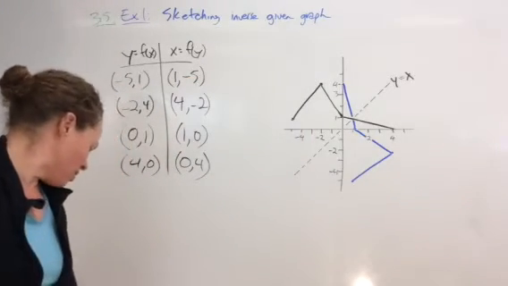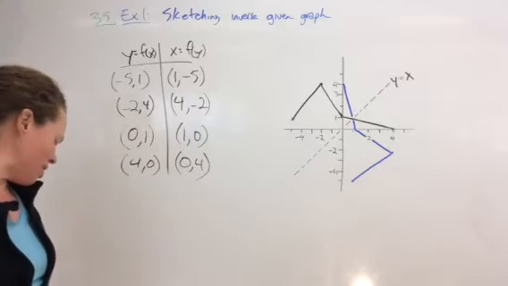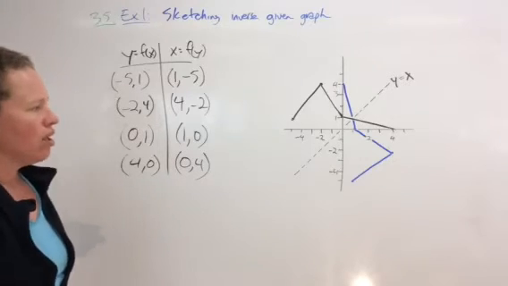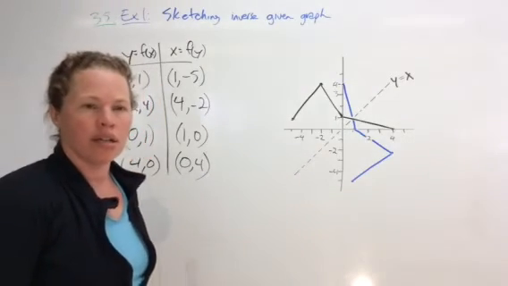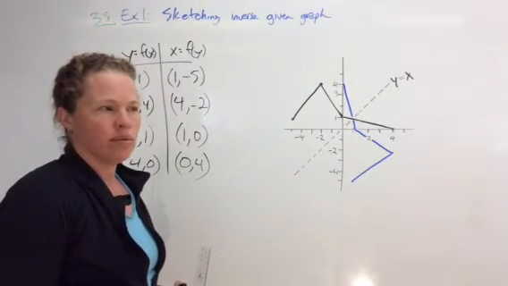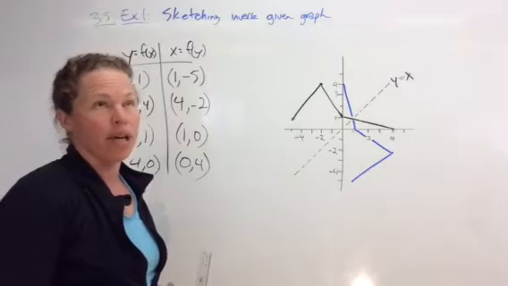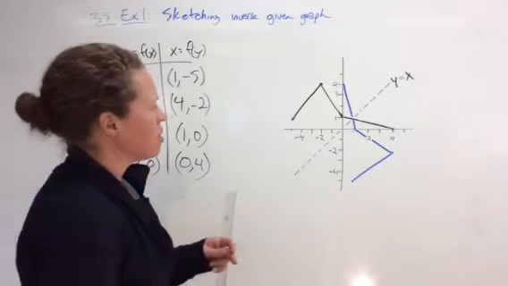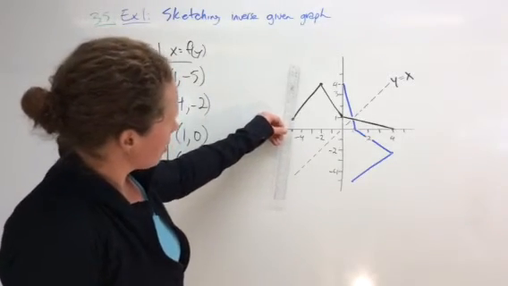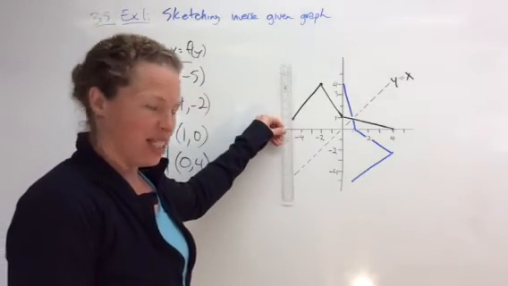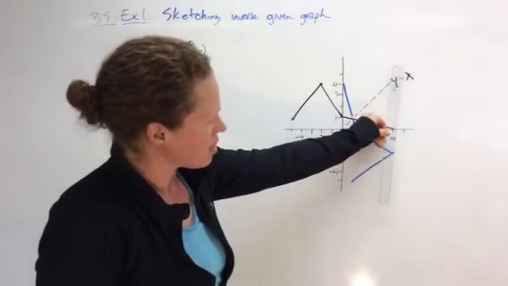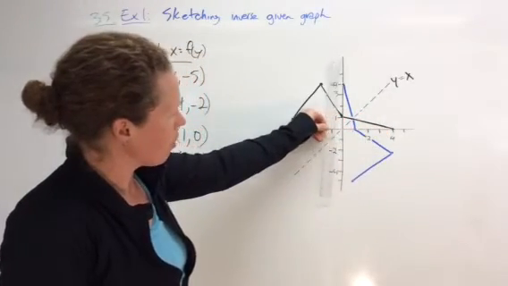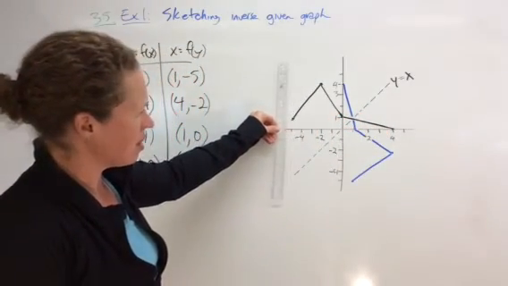There's one other thing they want us to know here, actually. It says is the inverse a function. If you remember, a function is something that passes the vertical line test. So if I'm going to take this vertical line and pass it along here, I can see that the black function passes the vertical line test because there's only ever one point of contact with this line.